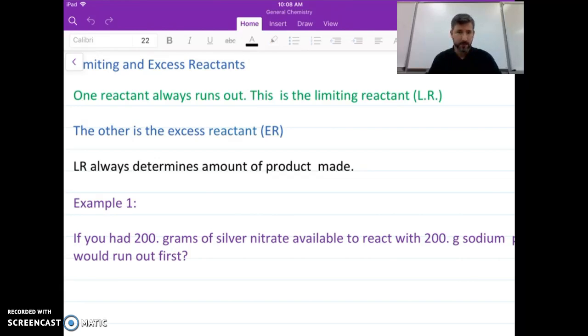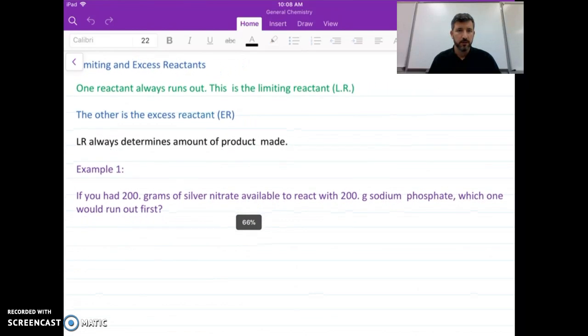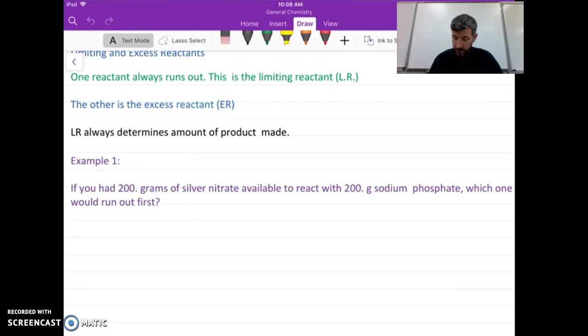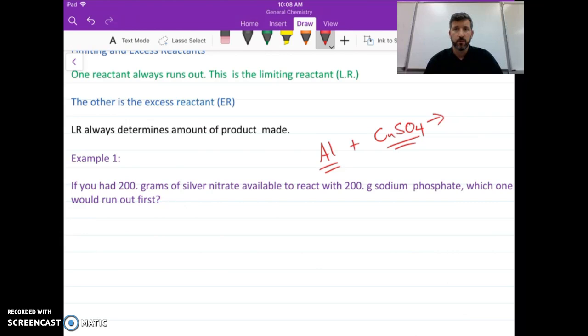Let's take a look at an example and see how this looks on paper. And you already did this in the lab. You did a single replacement reaction between aluminum and copper 2 sulfate. I'm not going to go through the whole thing because you still have to answer your lab questions, but I'll just do this off to the side. You had a piece of aluminum reacting with copper 2 sulfate, and you visually were able to see which one was left over in the end, and therefore which one got used up.